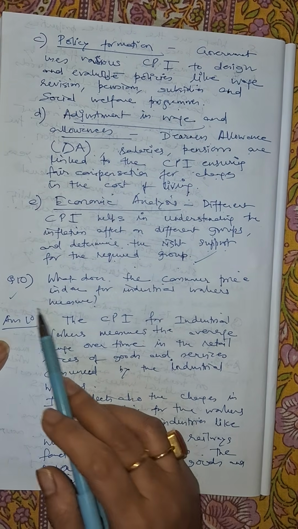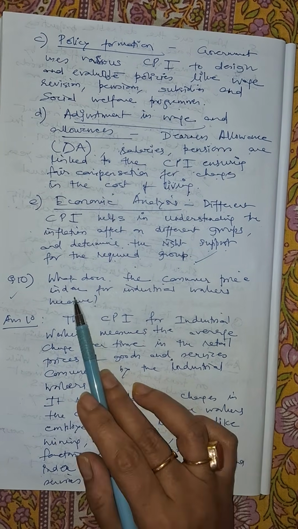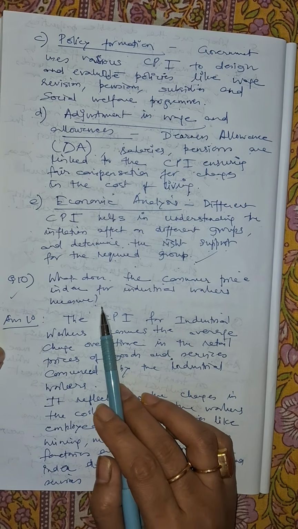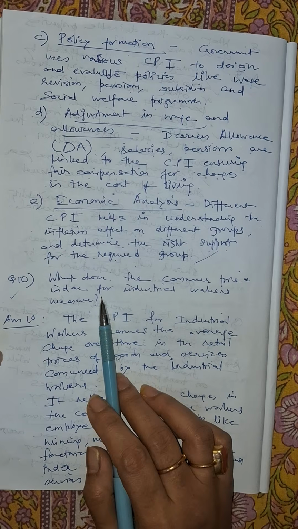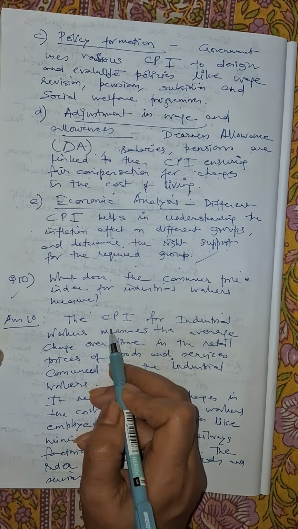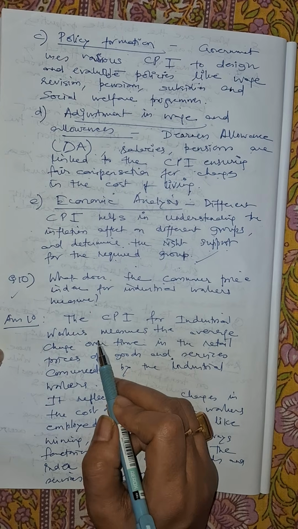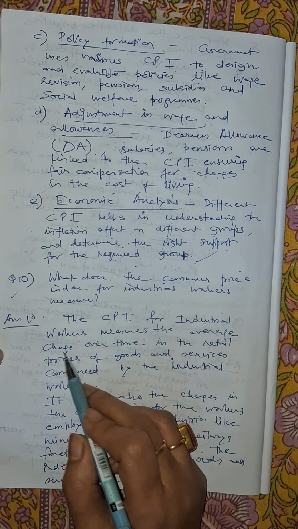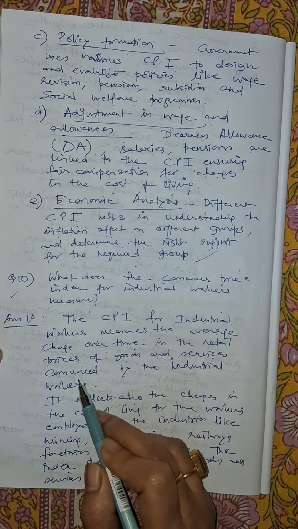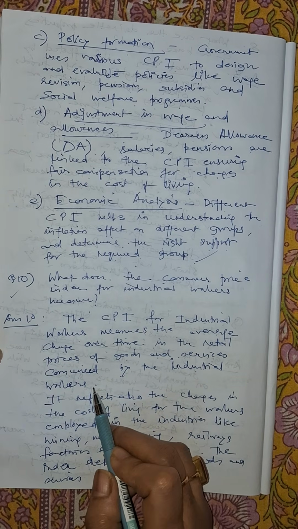Now question number 10. What does the consumer price index for industrial workers measure? This is important. You can have this in the exam also because this is an important question. So the answer will be: the CPI for industrial workers measures the average change over time in the retail prices of goods and services consumed by the industrial workers.